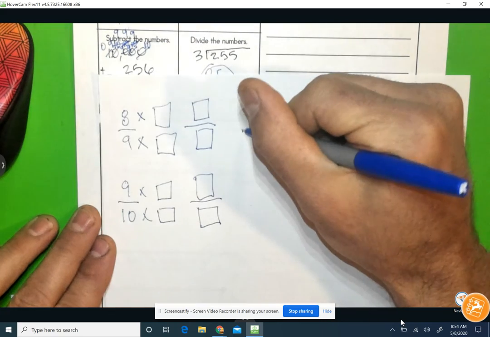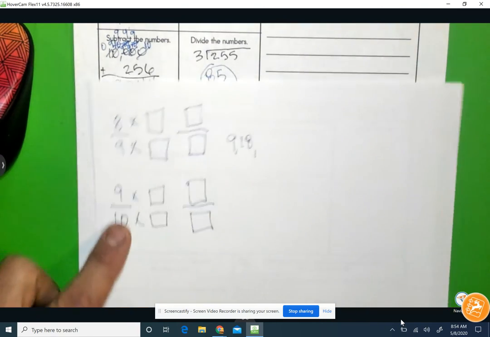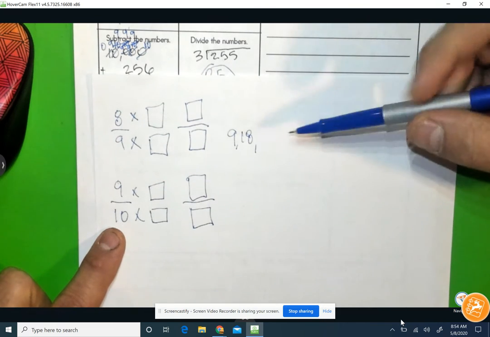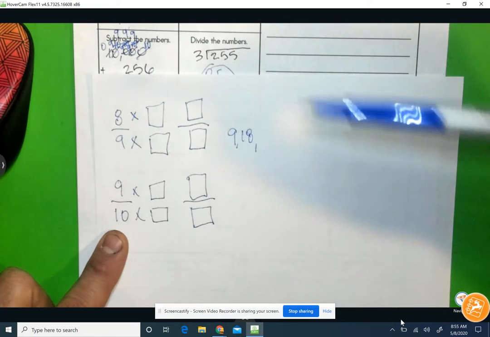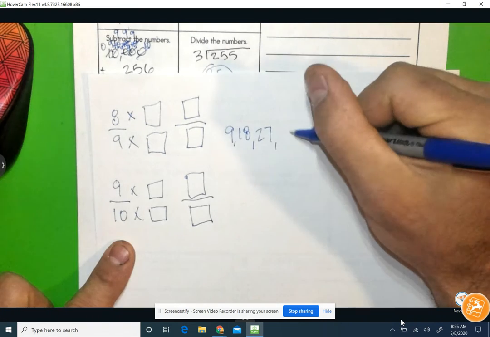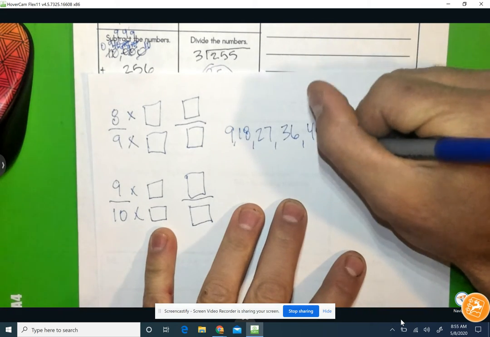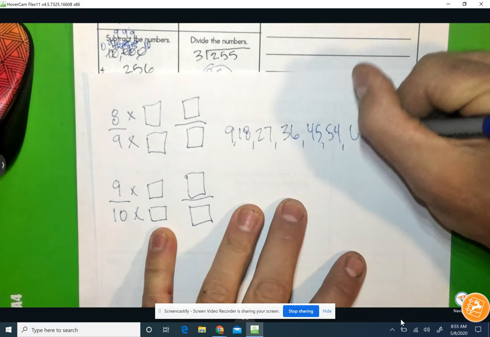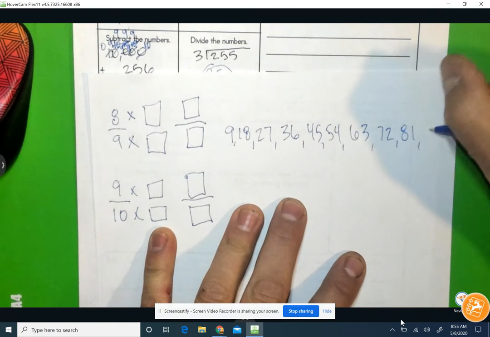We have 9, 18. We're comparing multiples of 9 and 10, so we're trying to find the first multiple of 9 that has a 0 in the ones place. Some of you may already know this. We have 27, 36, 45, 54, 63, 72, 81, and 90.